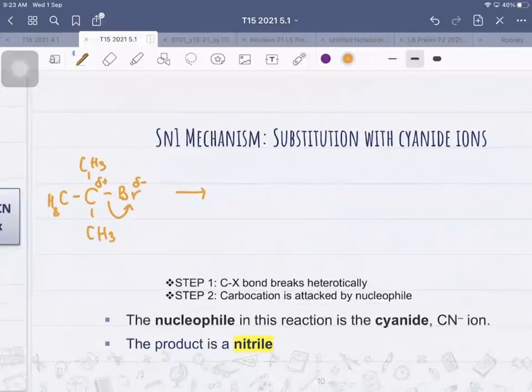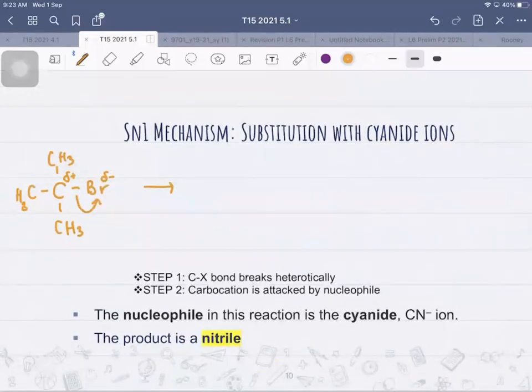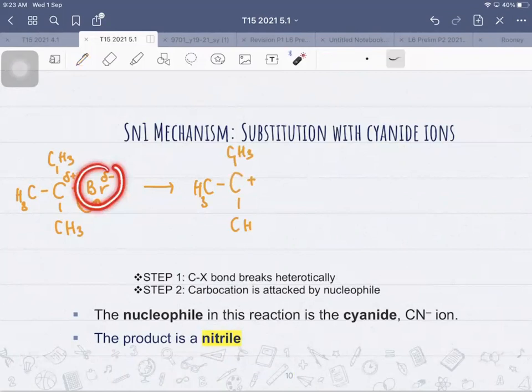And this is usually the first step of the reaction. Okay, so then you will form a carbocation. The positive charge is on the carbon, and because bromine gets the electrons from the bond pair, bromine becomes bromide.